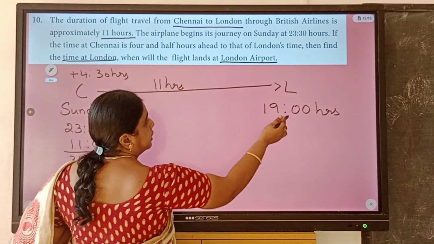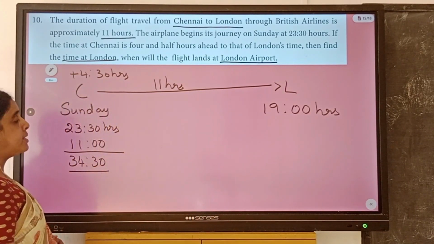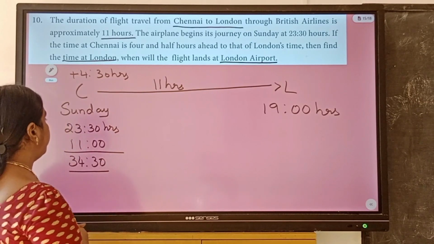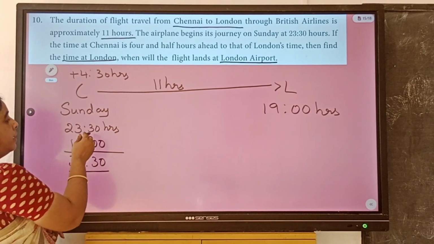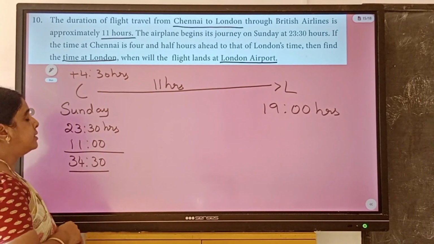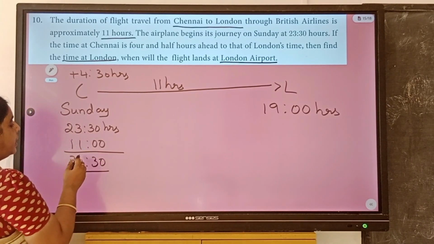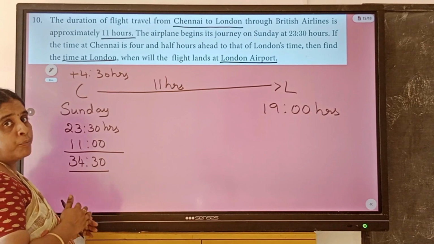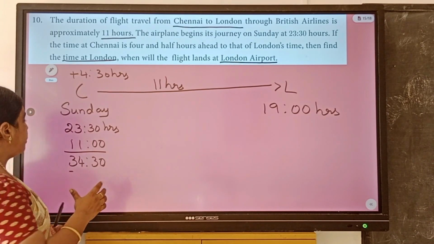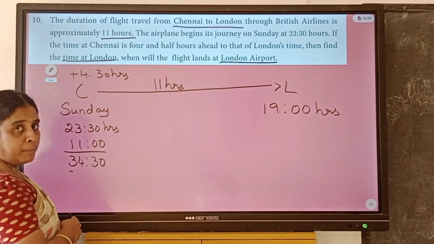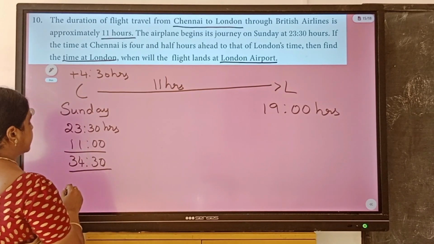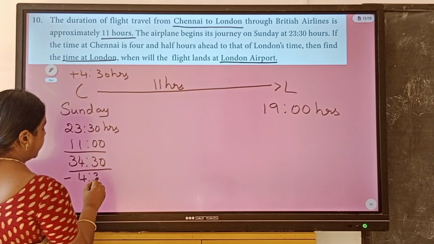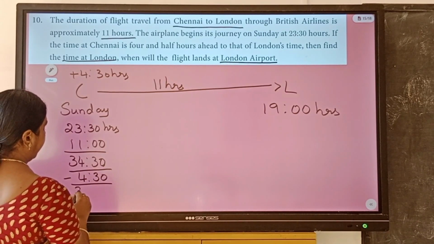The time at London will be 19 hours at the same time when it is 23 hours 30 minutes in Chennai. Now after 11 hours, it's 34 hours 30 minutes. So the total timing, calculating with the time at Chennai, is 34 hours 30 minutes. And if you subtract the time difference, it will be 30 hours.